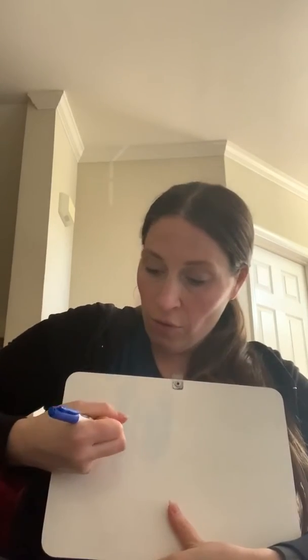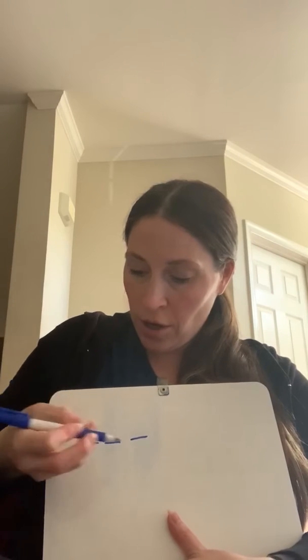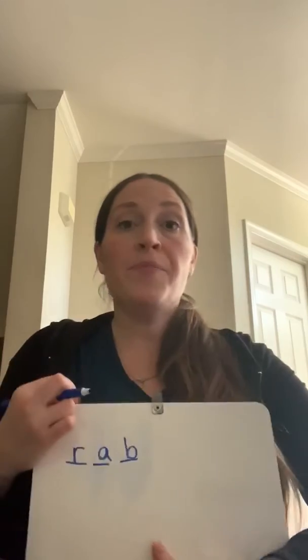For our multisyllabic words, those are ones that we've practiced clapping out first and doing each part at a time. So if we wanted to do the word rabbit, you hear rab-bit. So you would first do the rab part, and just the same way that we just did play, you can do it on your fingers, r, a, b, and write the sounds down or make a line, r, a, b, and then you would hear the R says R, A is A, b is B. So that'd be the rab, and then you have bit.